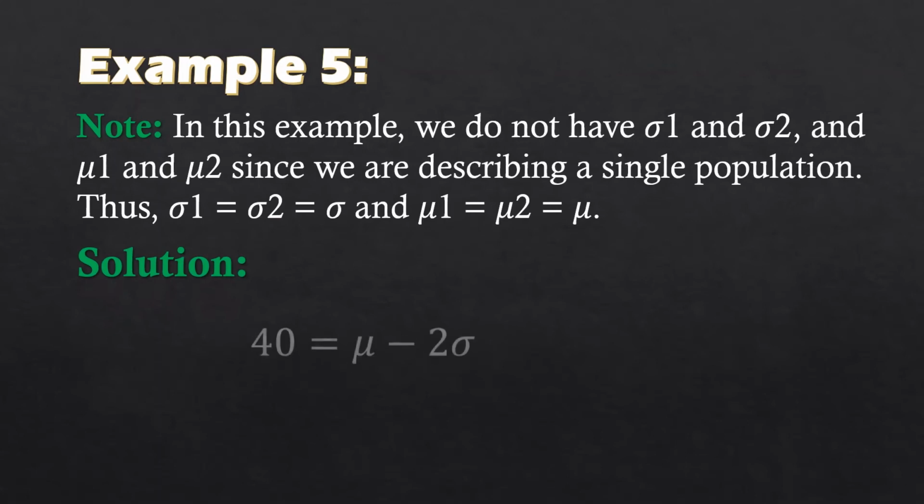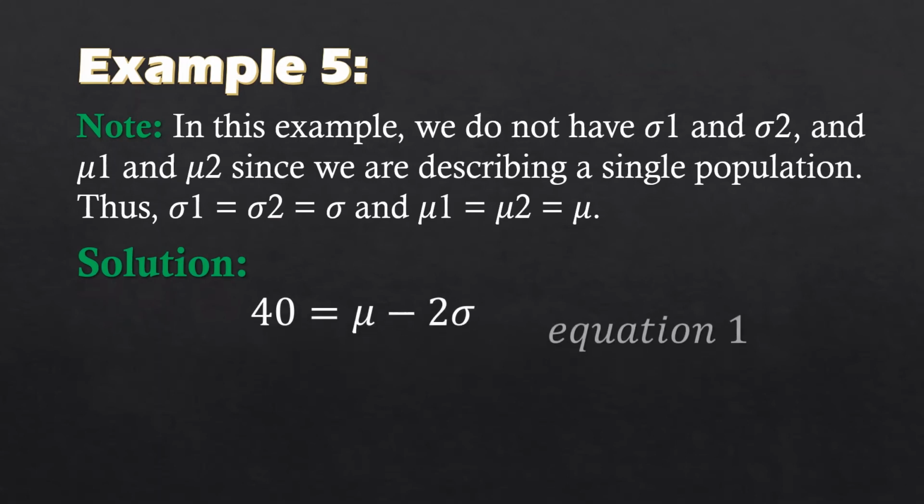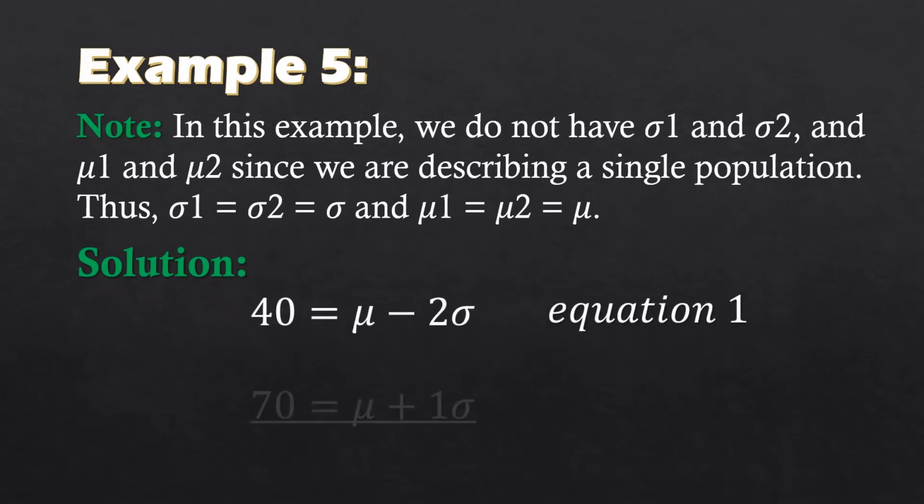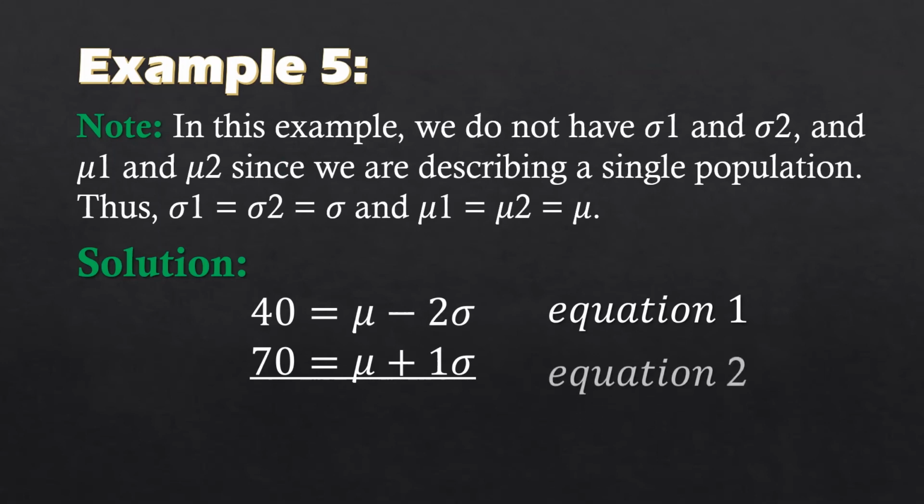For the solution, we need equation 1 and equation 2. Equation 1 is 40 equals mu minus 2 sigma, and equation 2 is 70 equals mu plus 1 sigma.